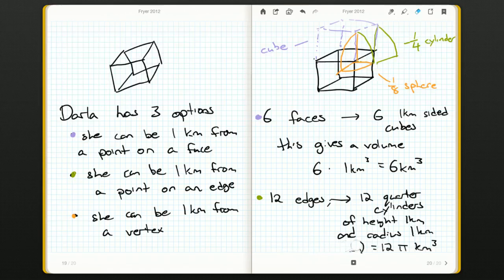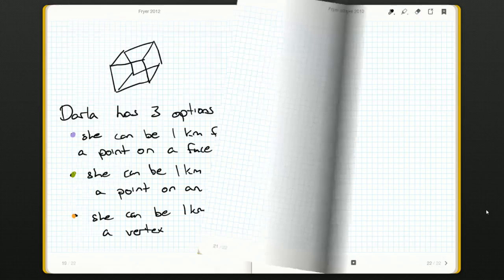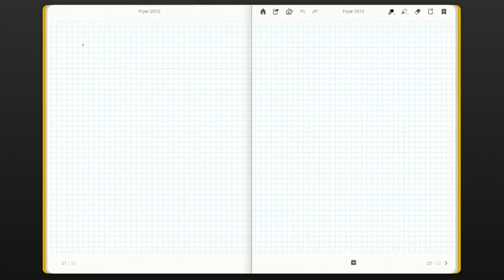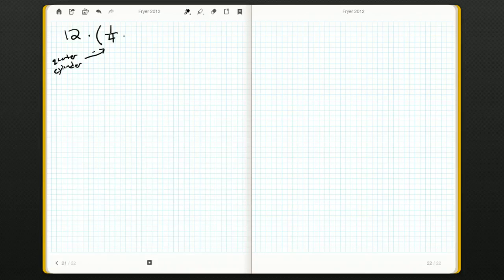Let's do this on the next page. All right, we don't have 12 cylinders, we have 12 quarter cylinders. Twelve times quarter cylinder. Pi r squared h.